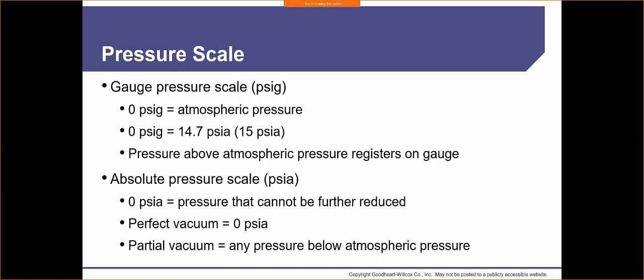Partial vacuum is any pressure below atmospheric pressure. Okay, so we just need to understand the difference between PSIA and PSIG. We're going to be using PSIG, and normally there is no designation when we're looking at the gauges on our equipment. Usually it's just going to tell you it's reading in PSI, and you can just assume that it's PSIG because you're reading it on a gauge.